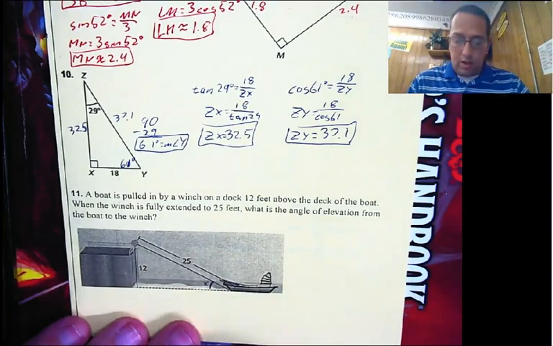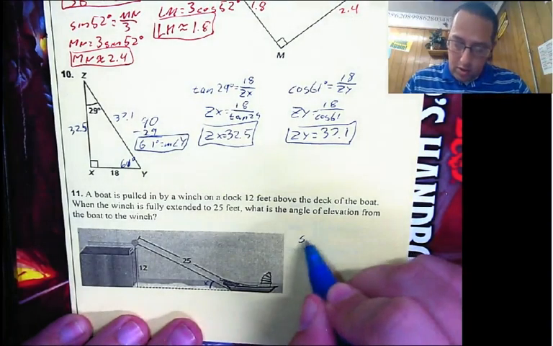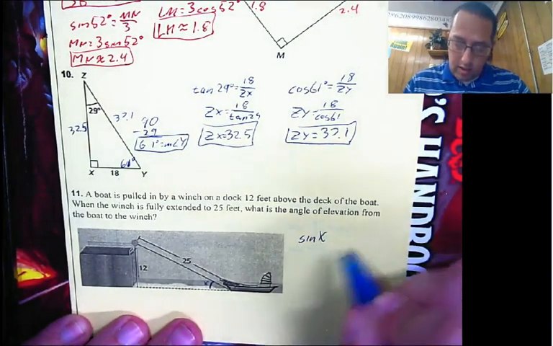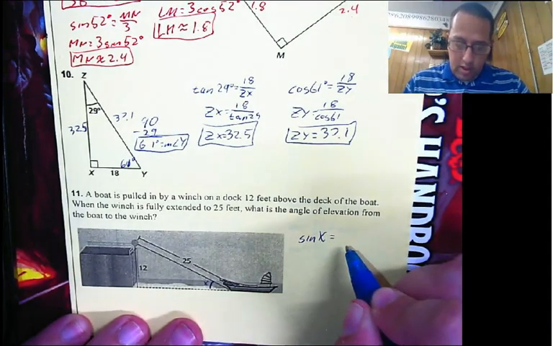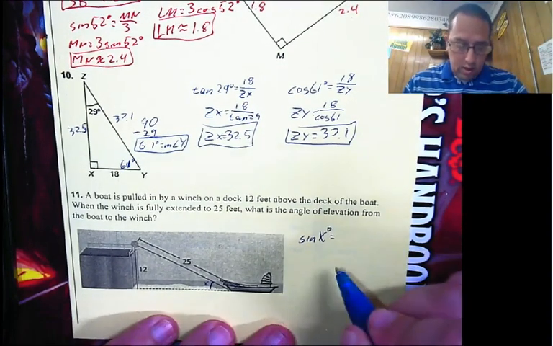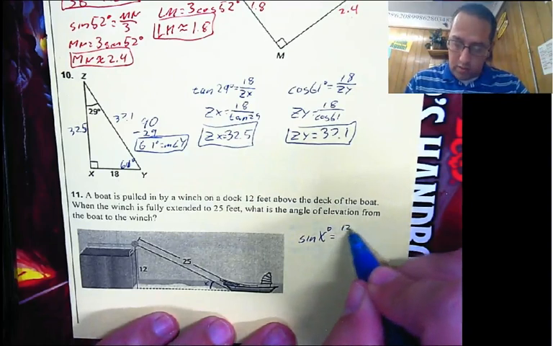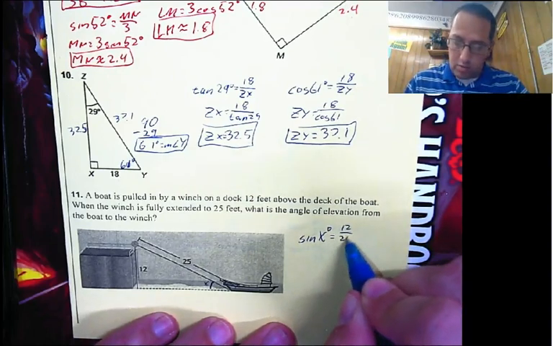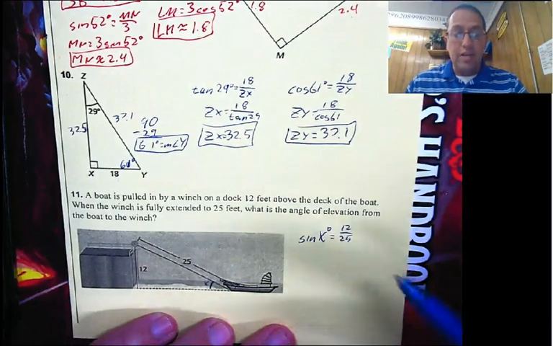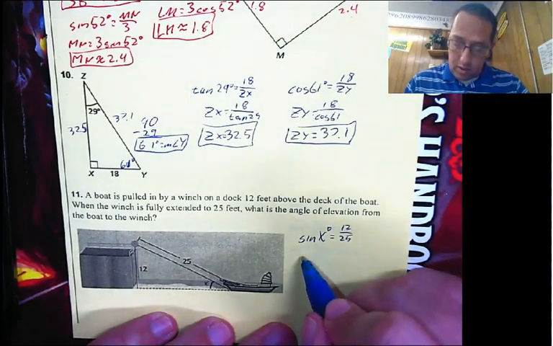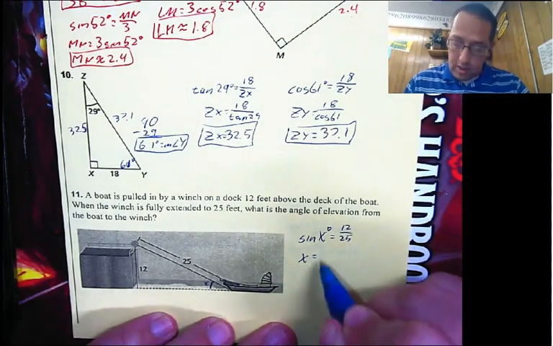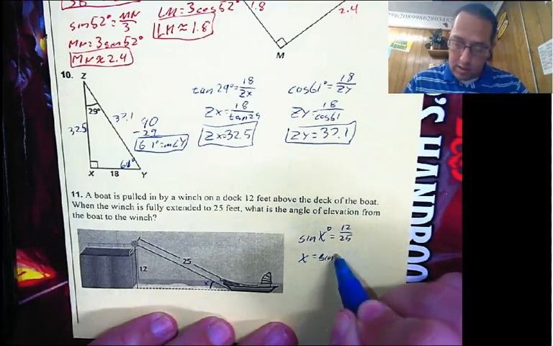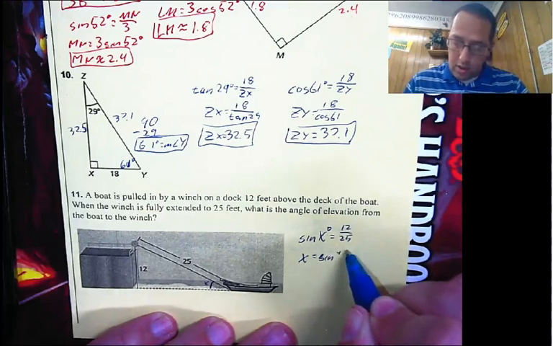So opposite and hypotenuse would be sine. So sine of x degrees is equal to opposite of 12 over hypotenuse, which is 25. So we're going to do the inverse, and so x is equal to the sine inverse of 12 over 25.